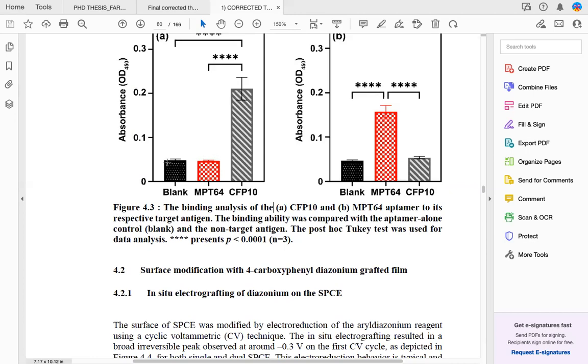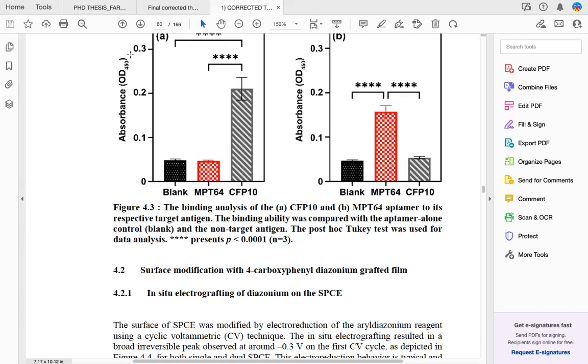You need to have distinct colors to differentiate between these three. Observe the y-axis, x-axis, the units. If you haven't done it, you might miss it. This is very important in thesis writing.